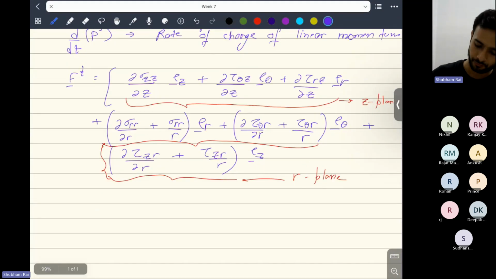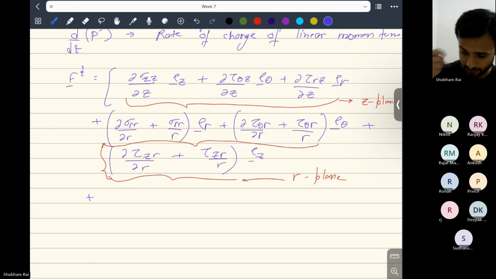Now we have the third component on theta plane.